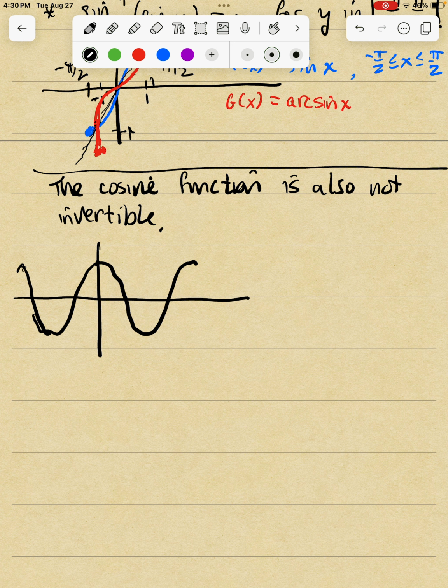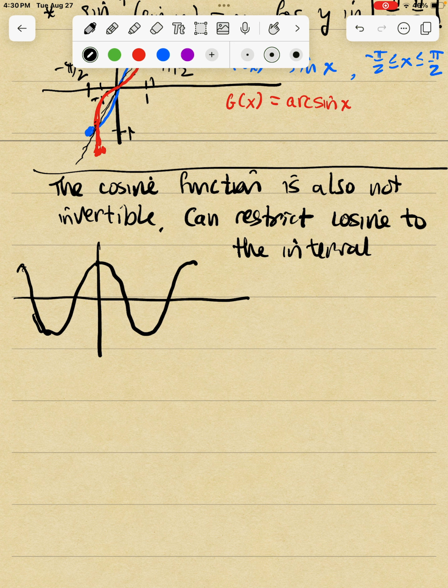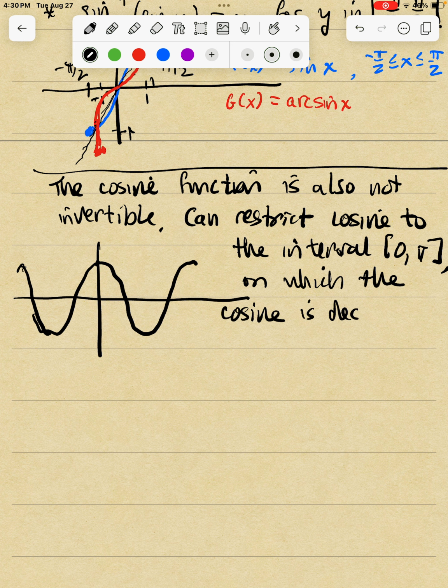But you can restrict cosine to the interval from 0 to pi, on which the cosine is decreasing.